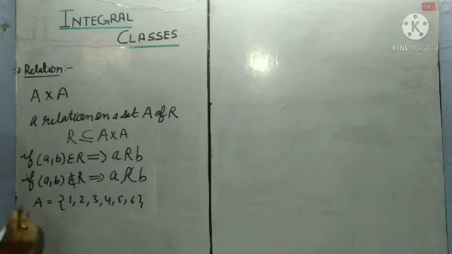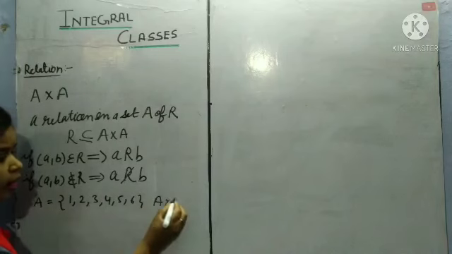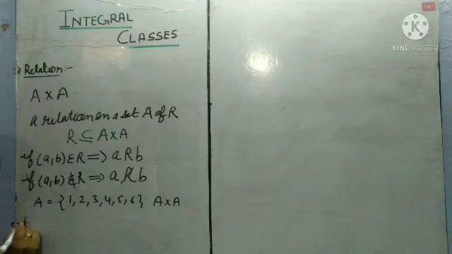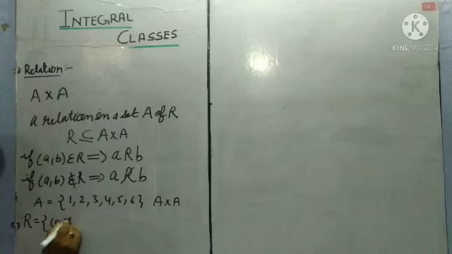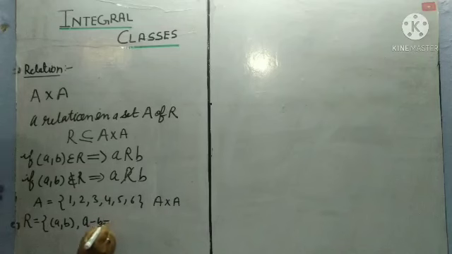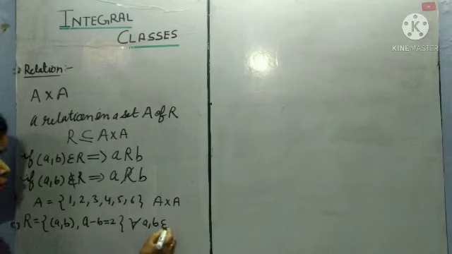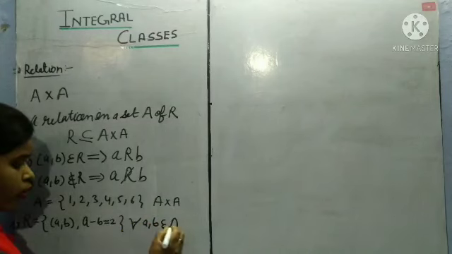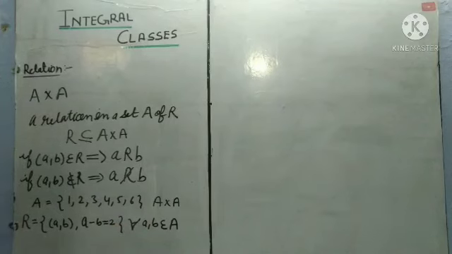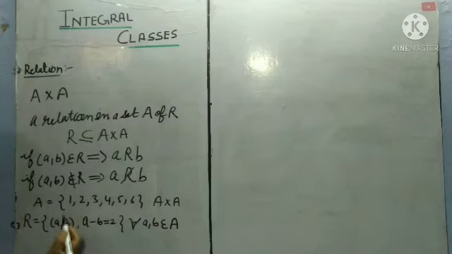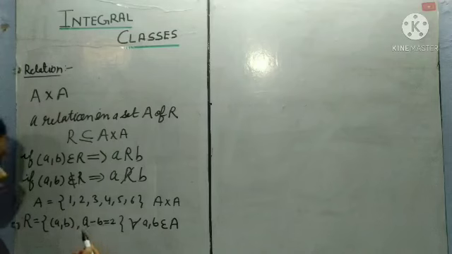Now in the set A, first we will find A cross A. Now a relation R is also given: (a, b) where a minus b equals 2, and all (a, b) belong to set A. So student, as we observe here, we will select the pairs whose difference of first element and second element is always 2.